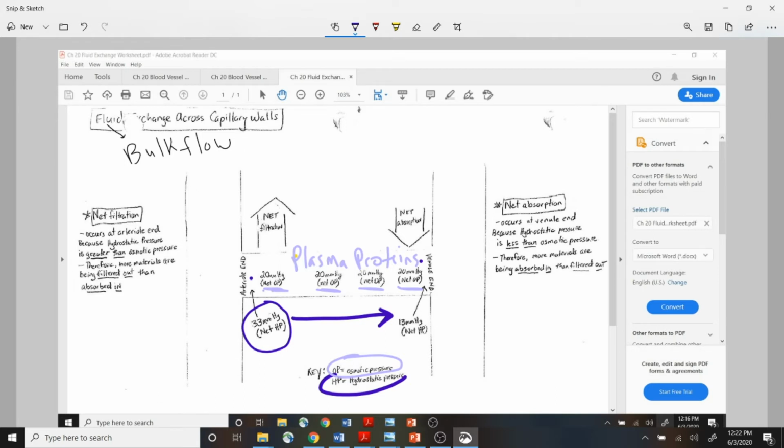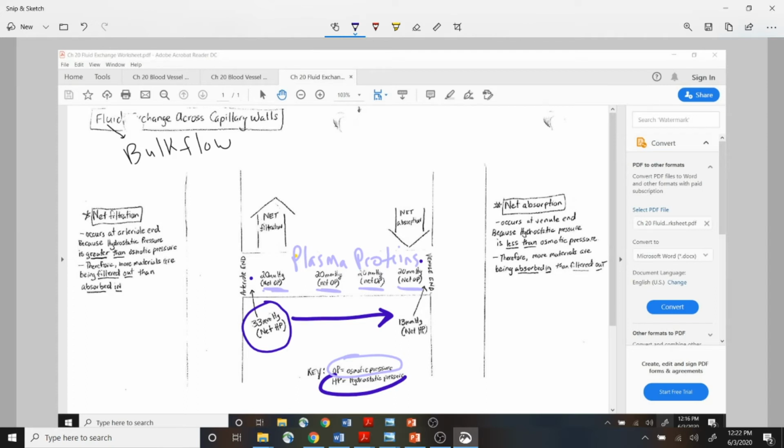The pull of those plasma proteins is pulling water. That's why we call it colloid osmotic pressure. Proteins are colloids, same synonymous term. The pull of water back in is about 20 millimeters of mercury, all right?